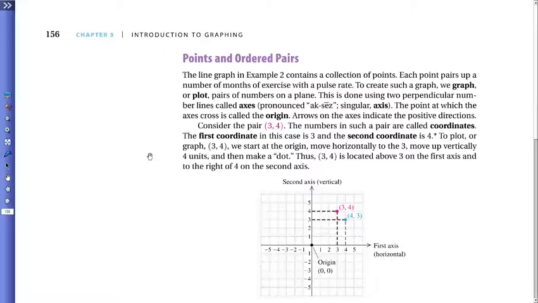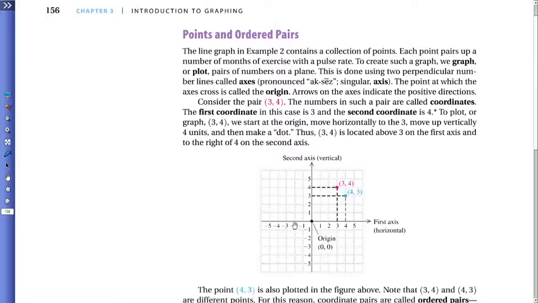So we need rules if we're going to have these axes. What the axes here really are is number lines. When we only had one dimension, one variable or one thing that we wanted to draw a picture of, we just had a number line, and that's usually called the x-axis. The first axis is horizontal right here.